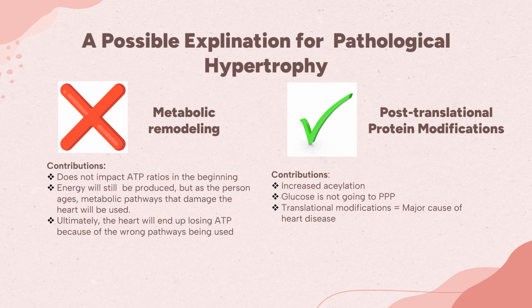So, another thing that was very promising was post-translational protein modifications. A lot of acylation was occurring in the proteins of MPC1, and this was occurring due to glucose going to the hexosamine pathway and not going to the pentose phosphate pathway.